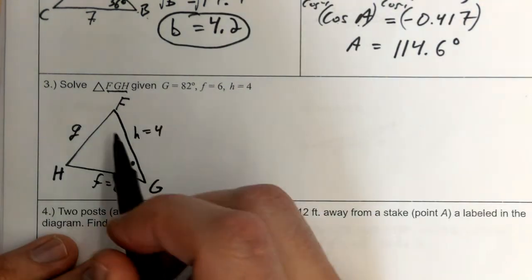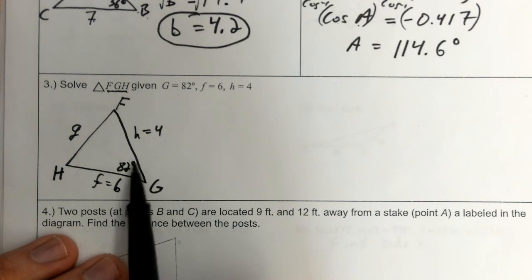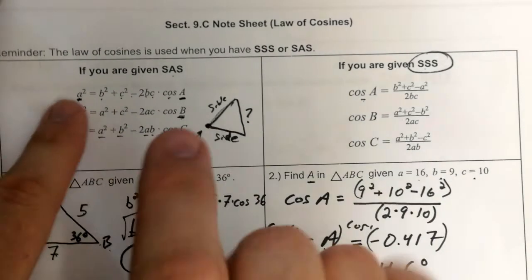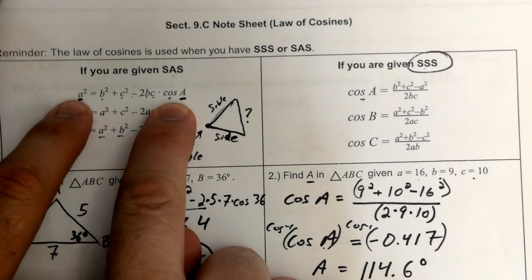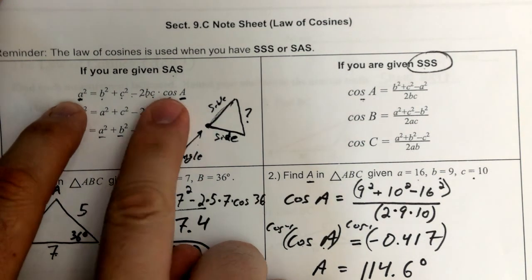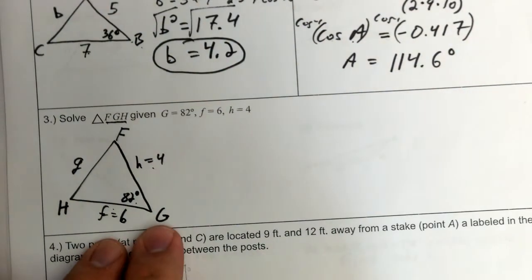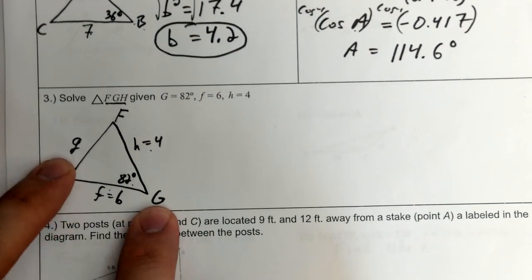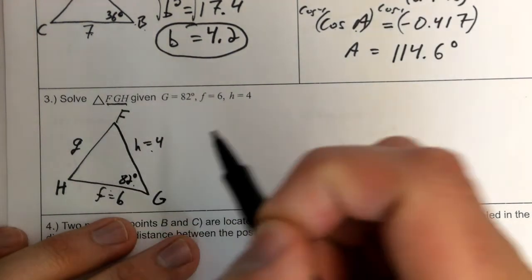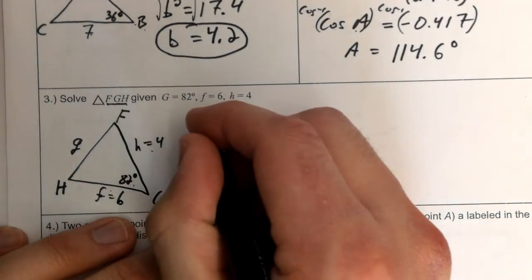Okay, we want to solve the triangle. Now, I'm given side, angle, side, so I have to use the law of cosines. And as I mentioned up here, whatever angle you have, you use the opposite side in this spot on the left, and then fill in the rest. So if I have angle G, and I have side F and side H, this is what the formula will look like. You don't need to write the formula out every time, but I do want to show you what it would look like.